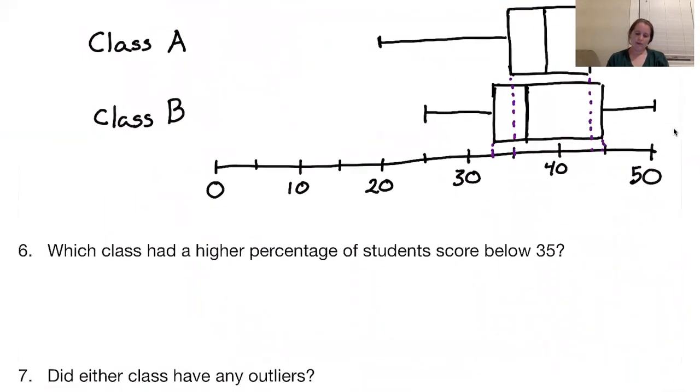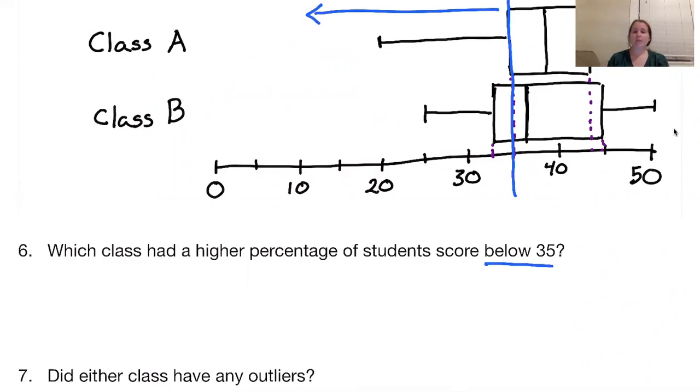Continuing on, which class had a higher percentage of students score below 35? So here's 35. And we want to know which class had a higher percentage of students score to the left of that. So below 35, we are looking to the left of that 35.